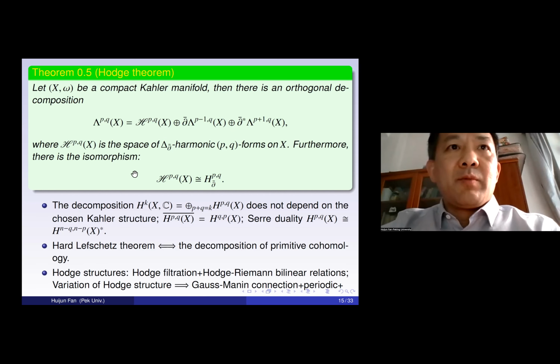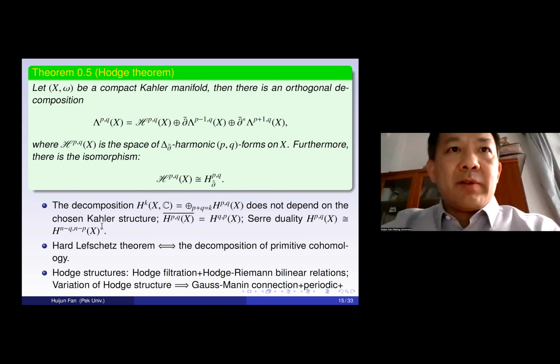Furthermore, we have the isomorphism: the space of harmonic (p,q) forms is isomorphic to the cohomology of the d-bar complex. So this is the Hodge theorem.